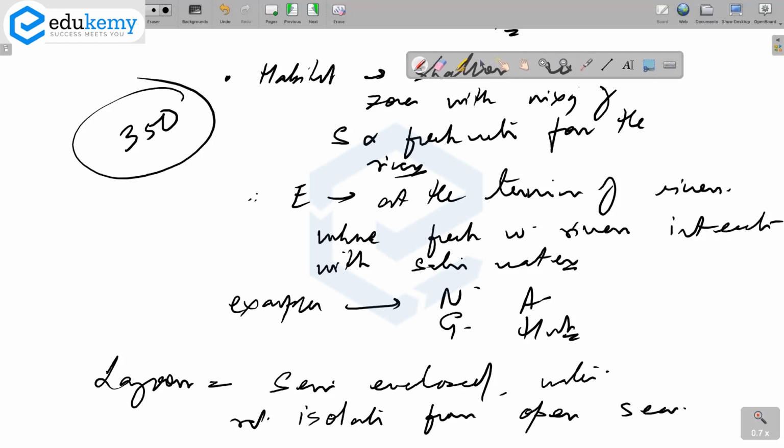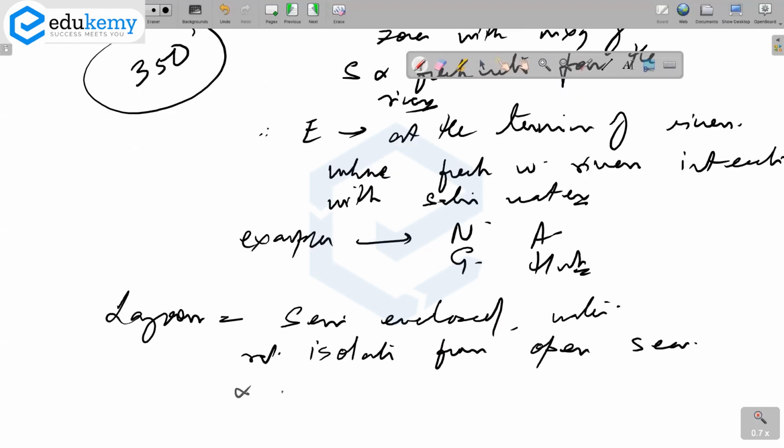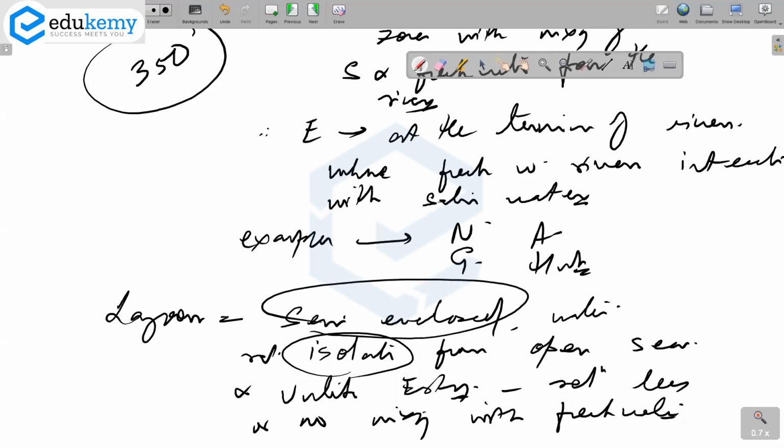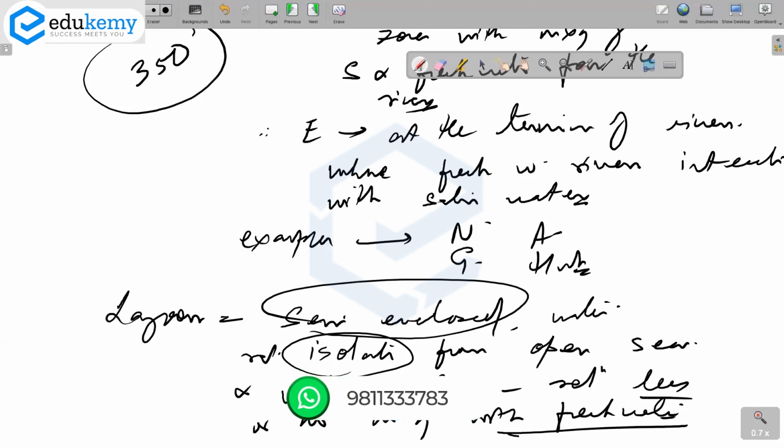They are semi-enclosed, and unlike estuaries, they have relatively less or no mixing with fresh waters. And you may give examples.